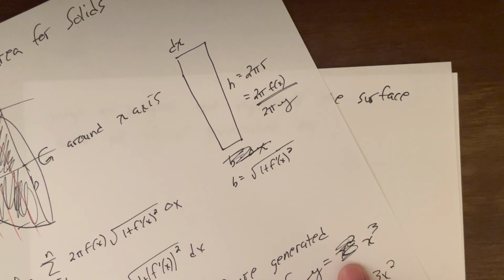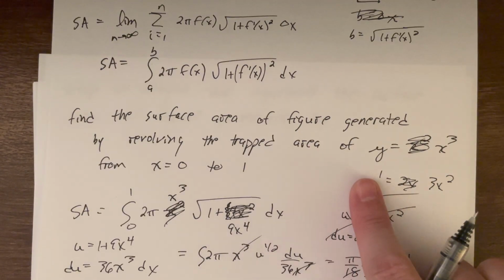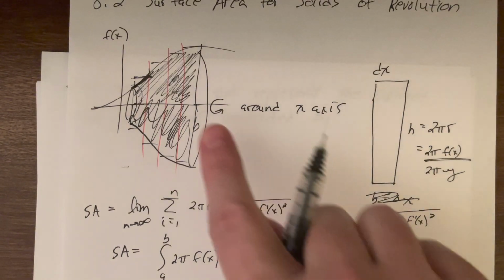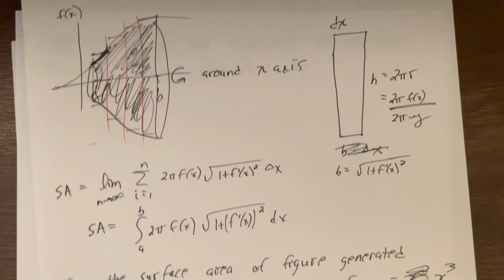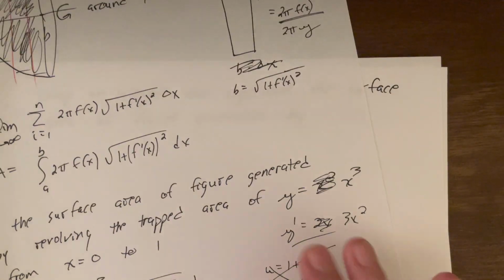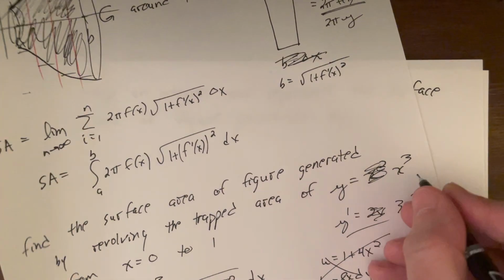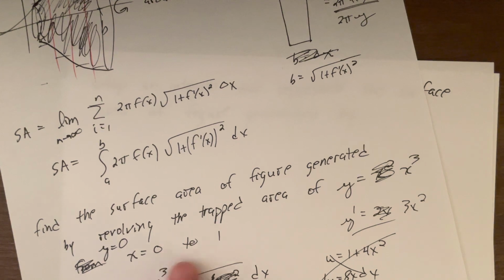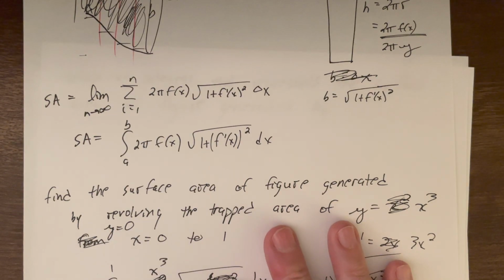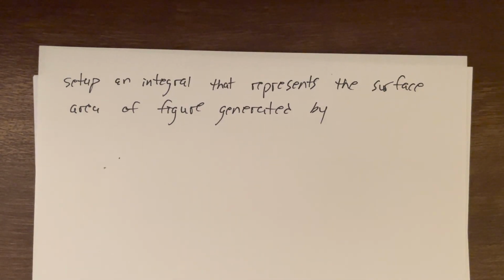I also have to include y equals 0 here, right? To make sure this trapped region, notice I never drew a picture. I'm really leaning on the formula. I drew the picture here to develop this formula, but now I could just go right in, but I do also need y equals x cubed, y equals 0, x equals 0, and x equals 1. That gives me my fully trapped region.